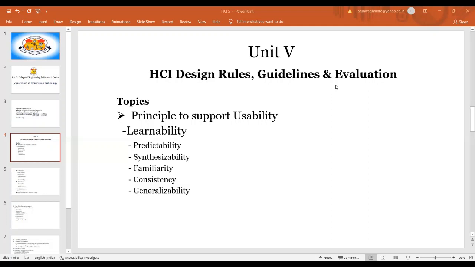Consistency: a similarity in input-output behavior occurring from analogous situations or analogous task objectives. So in the next lecture, we'll see the remaining principles, that is, flexibility and robustness.